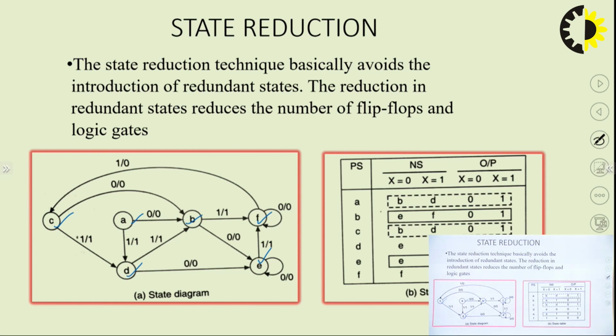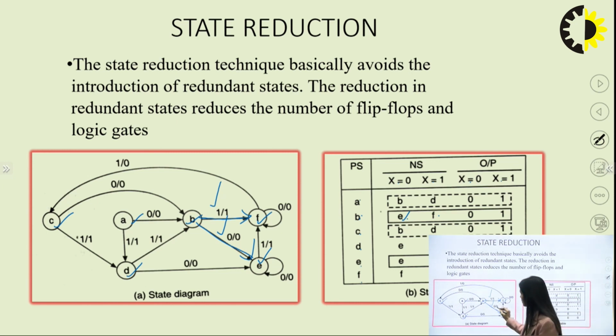Now coming to the next part, writing the state table in the same manner as we did before. The present state may be A, B, C, D, E and F. Next state for input x is equal to 0 and x is equal to 1. The output for x is equal to 0 and x is equal to 1. So looking at this table, let us write for B. So B is switching from B to F and B to E. For input 0, B to E, for input 1, B to F. What is the output for input 0?